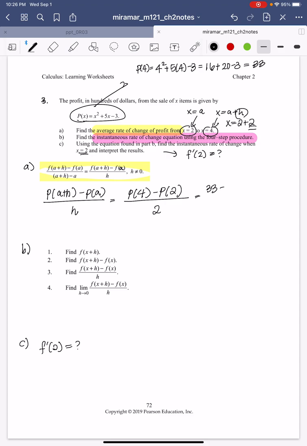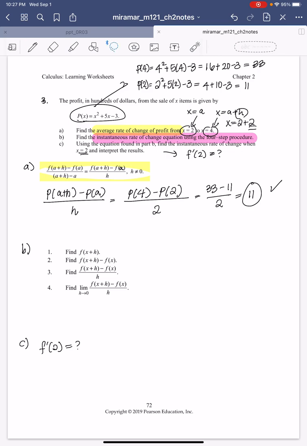My second term, P of 2, will be 2 squared plus 5 times 2 minus 3, which is equal to 4 plus 10 minus 3, which is equal to 14 minus 3, 11, divided by 2. So which gives me 33 minus 11 divided by 2, I get 11. So that's part A, 11.